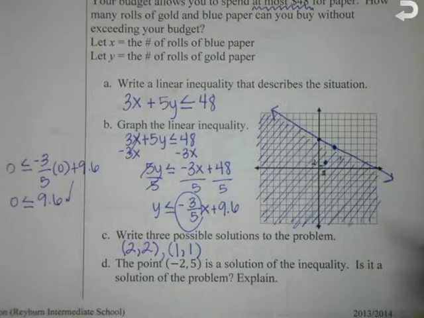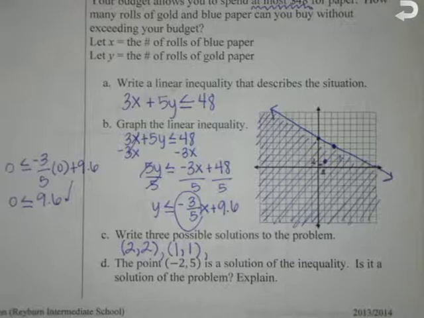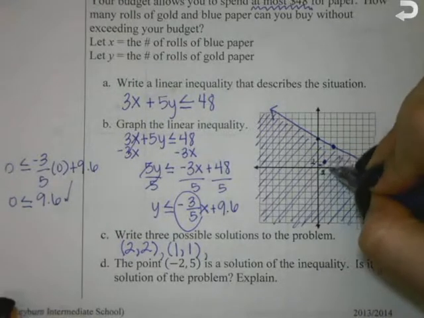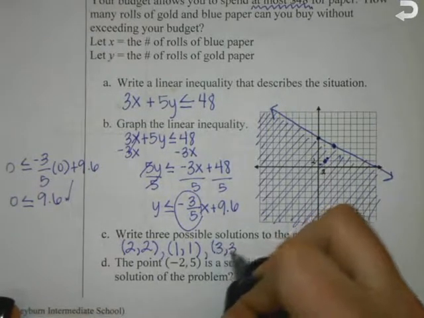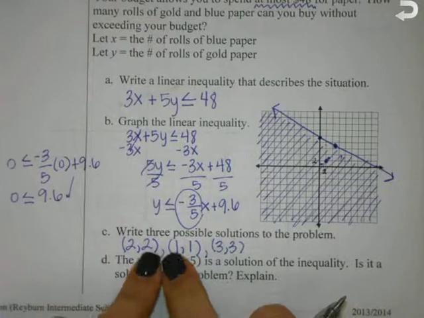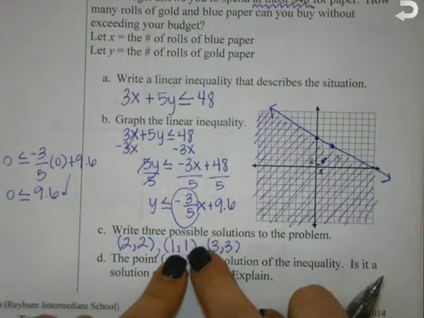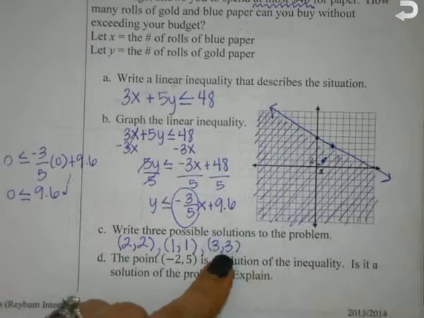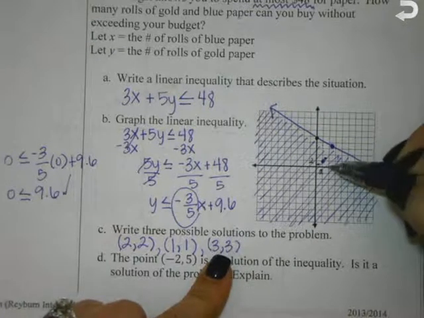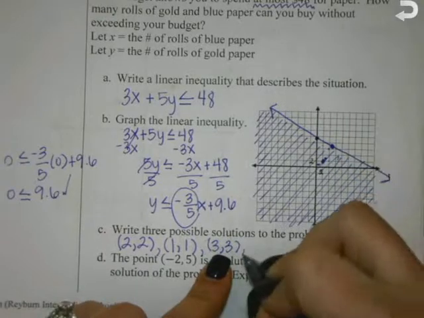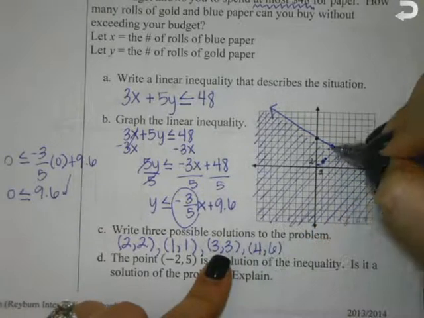And then one more. 3, 3. Does 3, 3 lie in the shaded area? Yes, it does. So we could buy 2 rolls of blue and 2 rolls of gold and still be within our budget. We could buy 1 of each, or 3 of each, and still be within our budget. What about 4, 6? Does that lie within our budget? Yeah, so it can be anything in the shaded area.